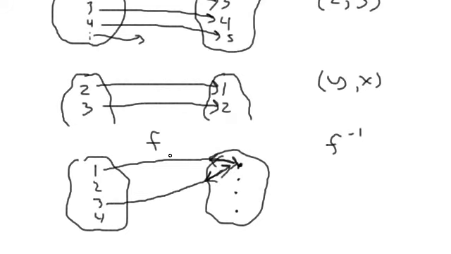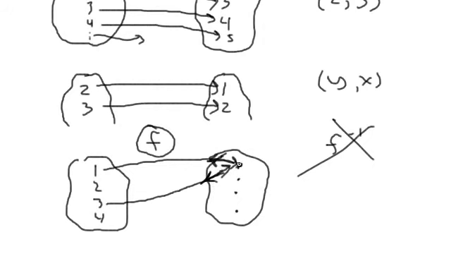Well, basically what this means is that this function does not have an inverse for this domain right here. So no inverse, because you can't have a point get traced back to 2 different places, because that would not be a function.